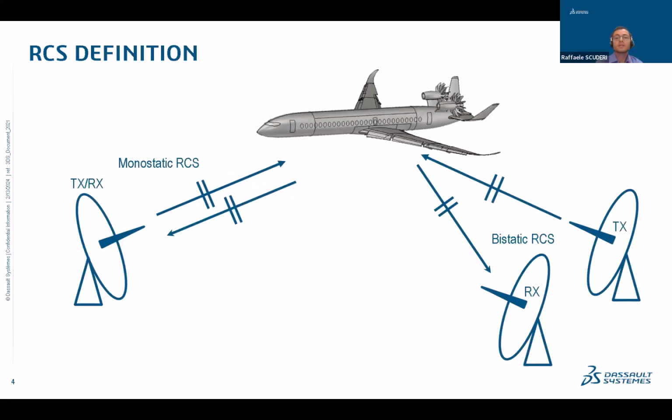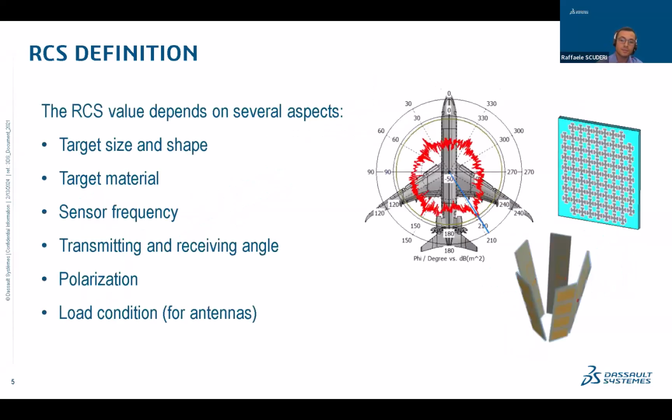Okay, and we just mentioned the definition of monostatic RCS, but we can also have bistatic RCS or multistatic RCS, depending on how many transmitters and receivers you have and depending on where they are located.